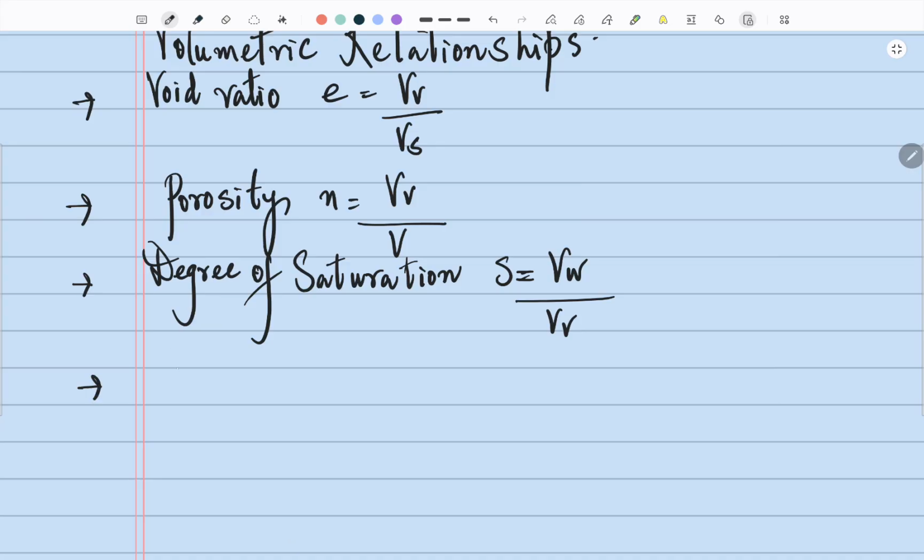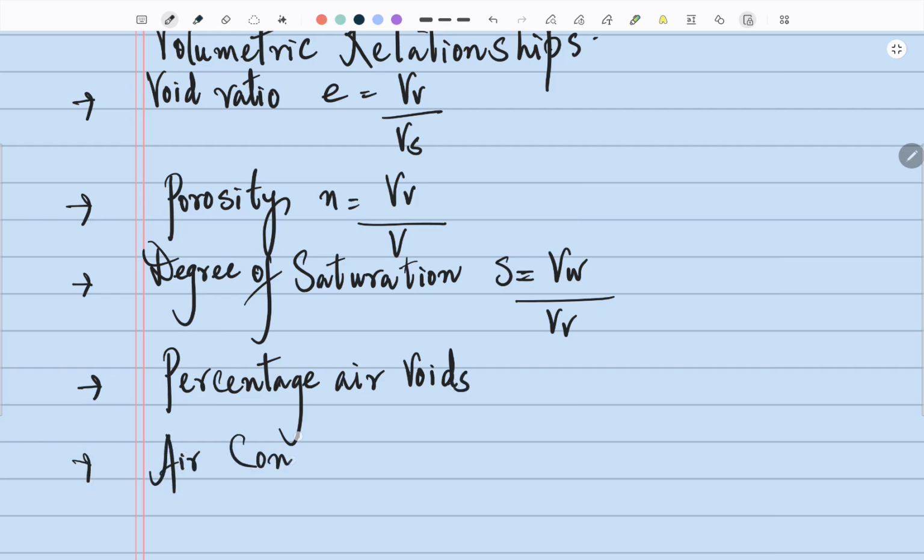Next one is percentage air voids, and the last one, fifth one, is air content. Percentage air voids is denoted by na, and it's a ratio between volume of air to the total volume in a given soil mass.